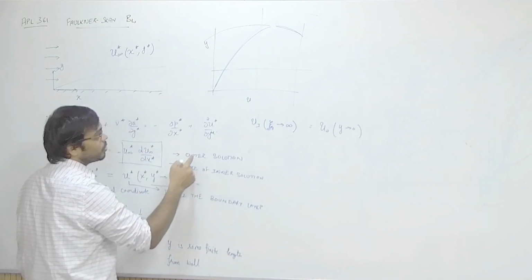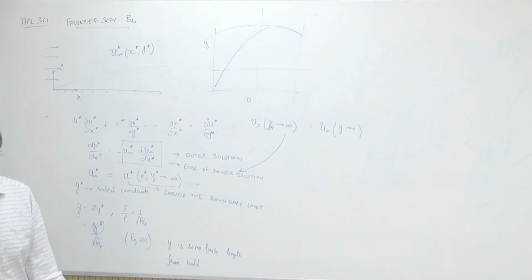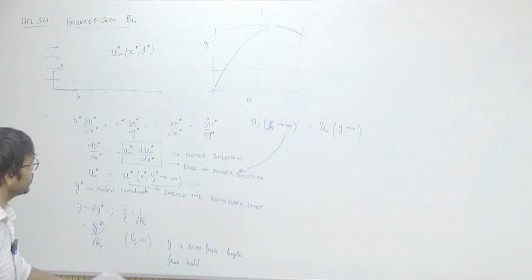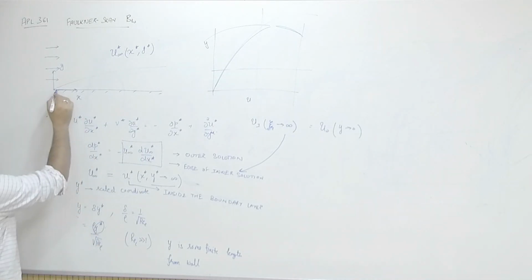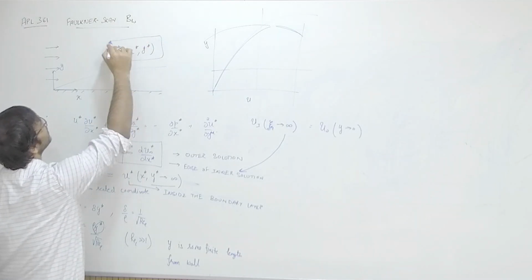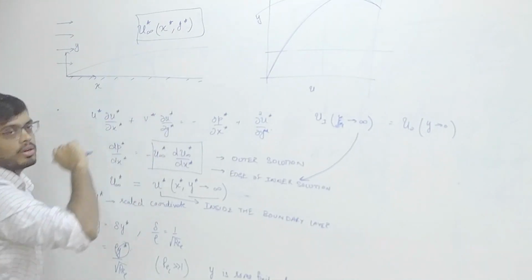Okay. So it is this value, this u infinity star. The reason why I am saying this is because in the analysis where we have u infinity star varying with x star and y star, you have to remember what kind of y star you are looking at.